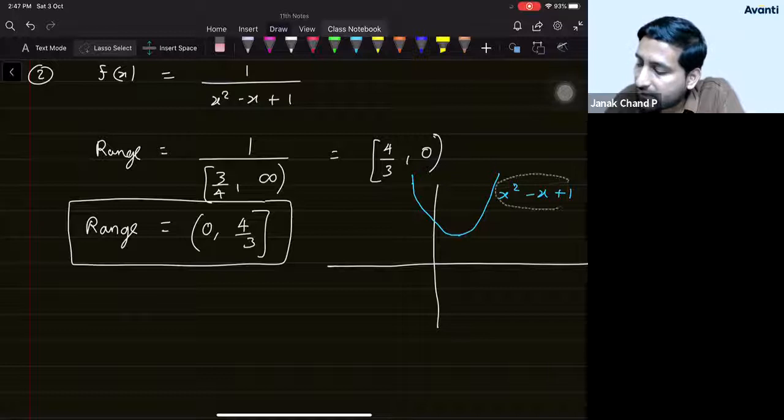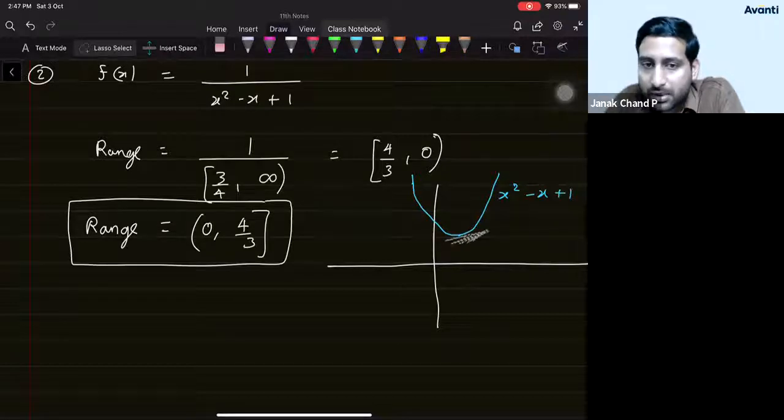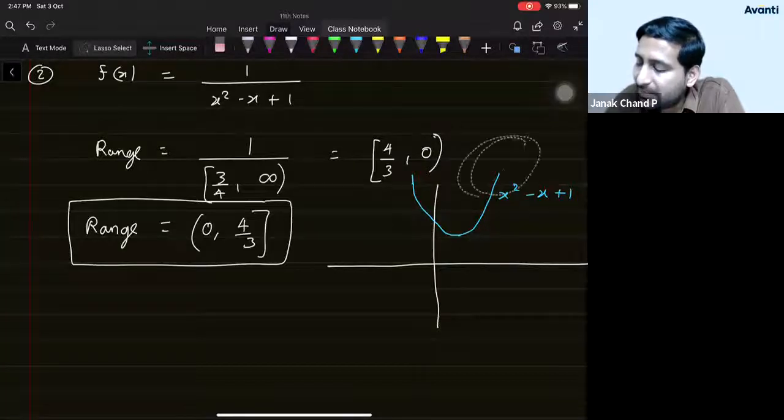If I want the graph of the reciprocal of this function, what I should do, student, remember this height is 3 by 4. Wherever 1 is there, that will be as it is. Other than that, wherever this is becoming infinity, the reciprocal will become 0.